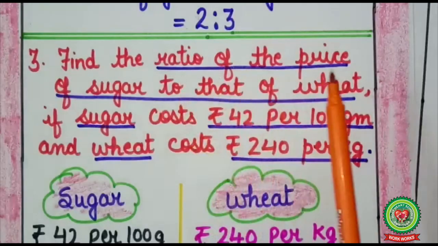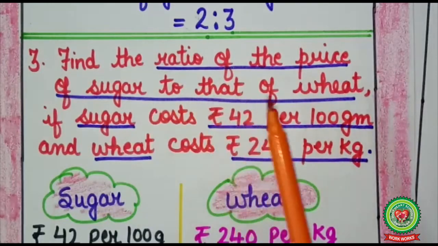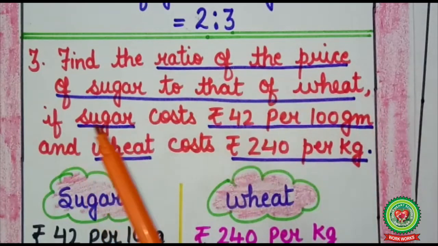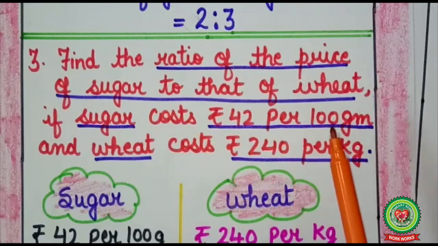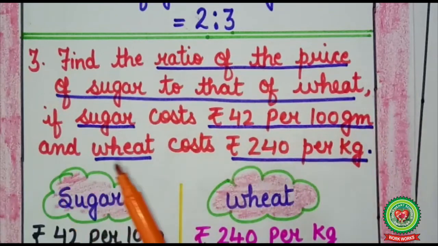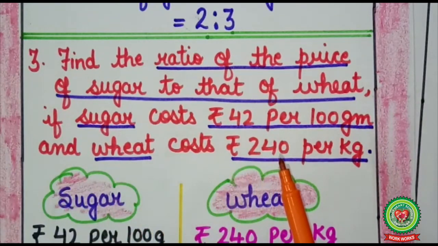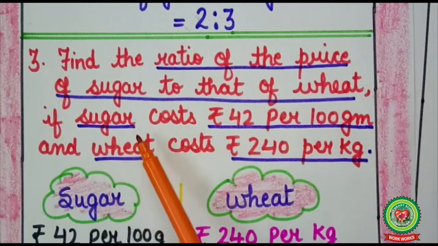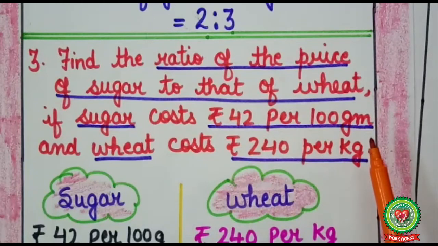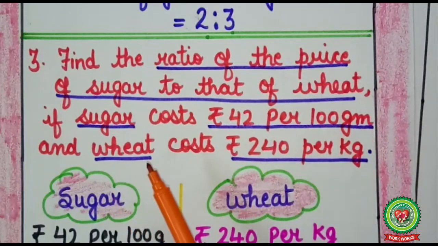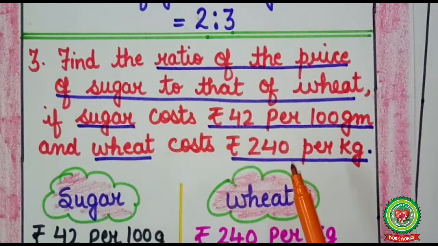Let's see one more example. The ratio of the price of sugar to that of wheat, if sugar costs rupees 42 per 100 gram and wheat costs rupees 240 per kilogram. Underline sugar rupees 42 per 100 gram, wheat rupees 240 per kilogram.